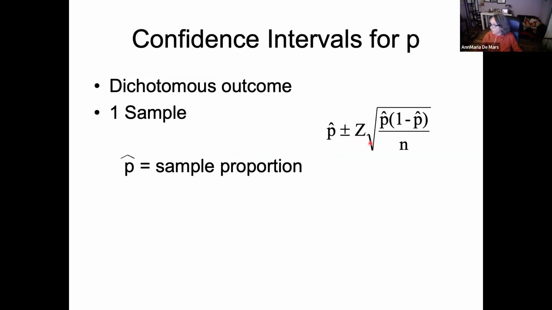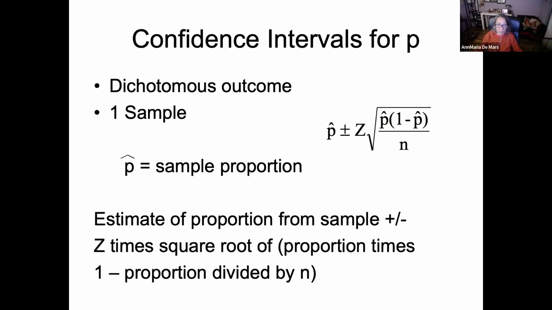Plus or minus z times the square root of the sample proportion times 1 minus the sample proportion over n. That is how you're going to get the confidence limits. So estimate the proportion from the sample plus or minus z times the square root of the proportion times 1 minus the proportion divided by n.